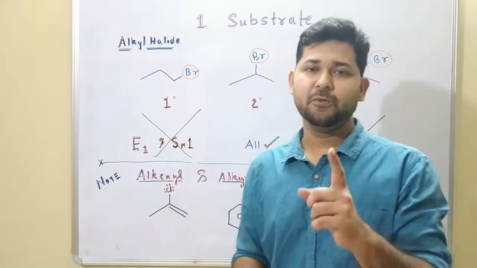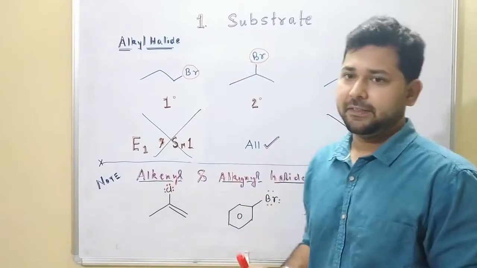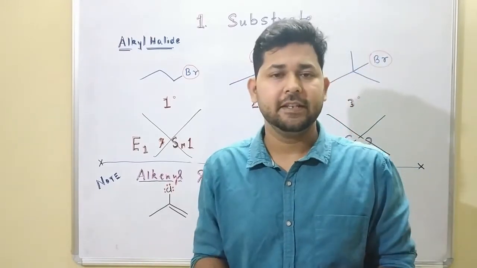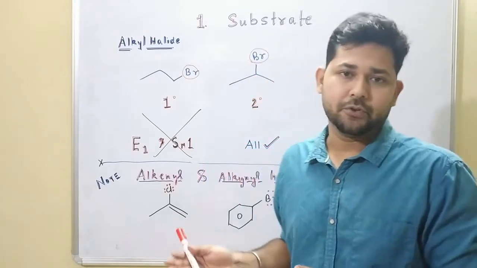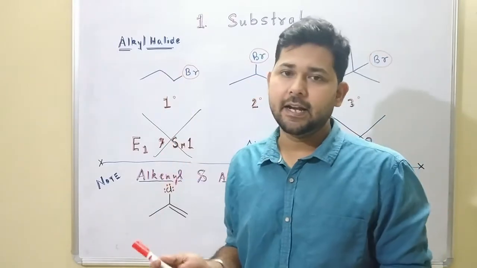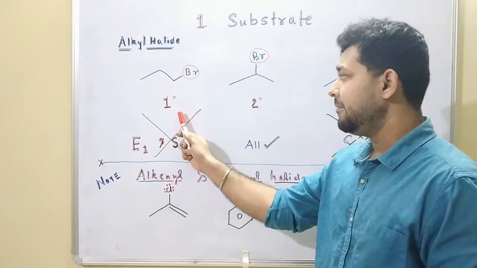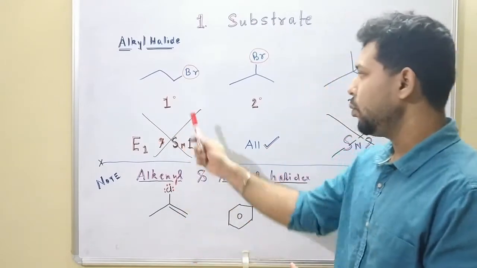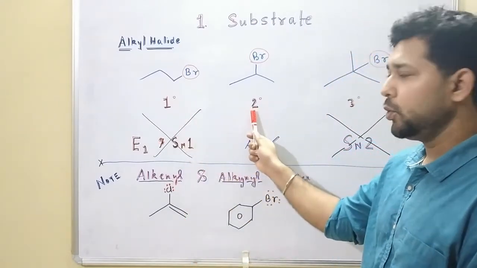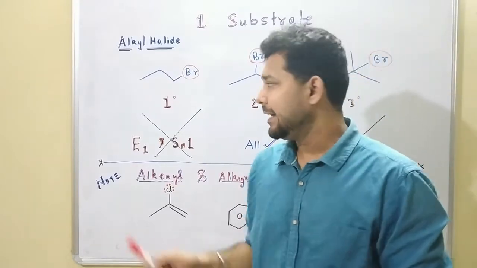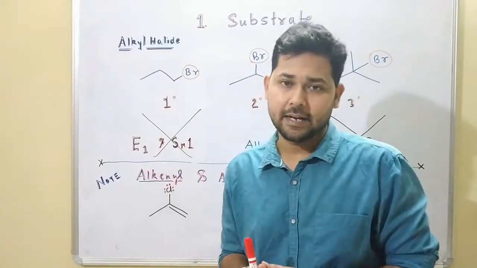Now let's talk about the first factor, the substrate. Alkyl halides and alcohols both can be considered as substrates over here. I am taking an alkyl halide as the substrate. Here I have taken all three alkyl halides: 1 degree primary, 2 degree and tertiary 3 degree. Let's suppose you have a 1 degree alkyl halide.